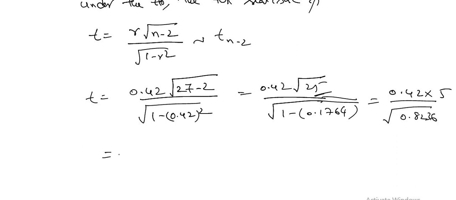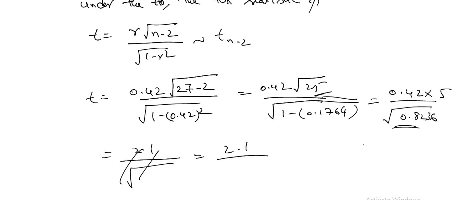These are all very simple calculations, you should do them, even in the examination, in this manner. 0.42 into 5 is 2.1. Then the root of 0.8236 is 0.9075.